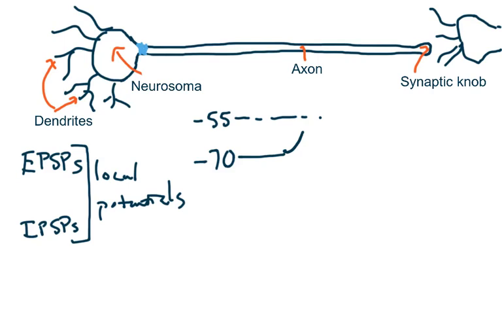Okay? So the local potential right here is due to sodium influx. And if that local excitatory potential does not make it to threshold, then it will reverse. Because remember, local potentials are reversible. And so it'll come back down to minus 70, nothing will happen.